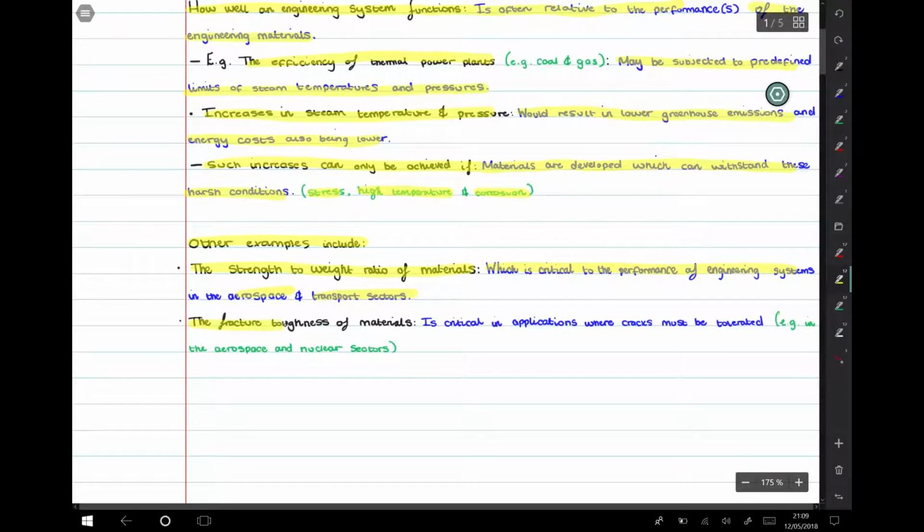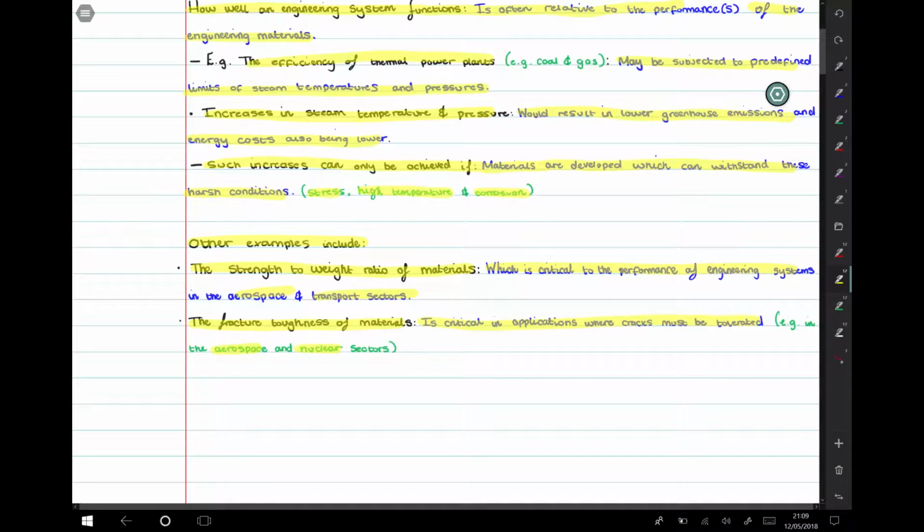Next we have the fracture toughness of materials, and this is critical in applications where cracks must be tolerated. The most common examples here are the aerospace industry and also the nuclear industry. They're both given why you would want them to have high fracture toughness, but in aerospace, if you are in, say, a Boeing or an Airbus, the last thing you want is a small crack to cause the flight to be grounded, and similarly in a nuclear power plant you don't want a small crack causing an exposure.